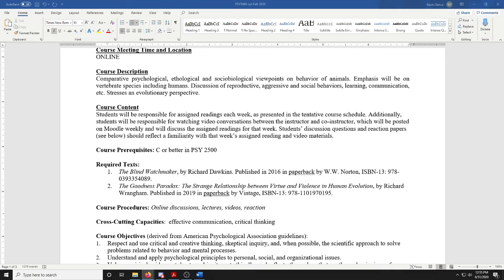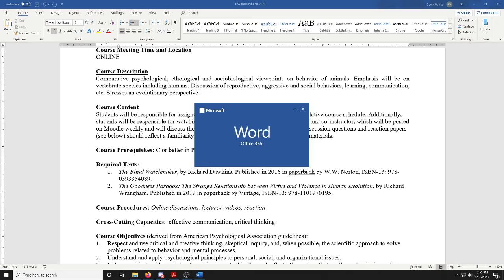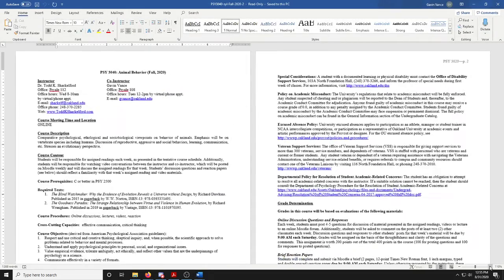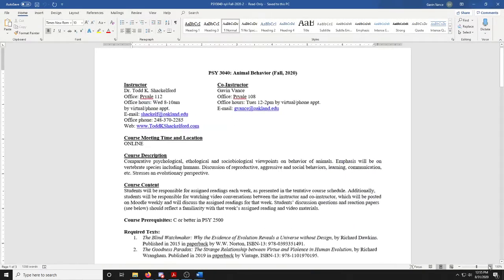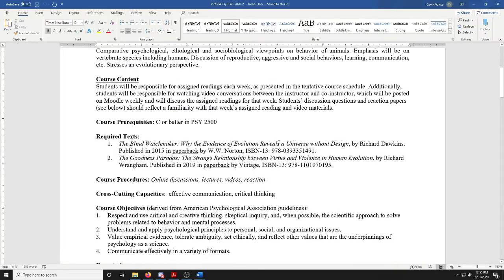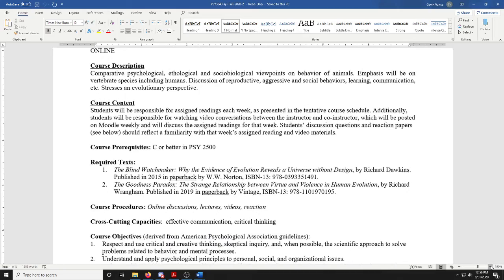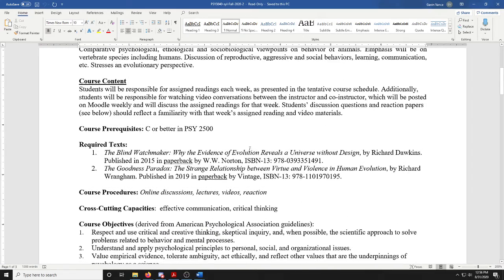We'd like to start the class with an overview on evolution, and we've used different Dawkins books in the past. What does it say? It says The Blind Watchmaker, so that's good. That's the one I'll use now. You must have an older one. Yeah, I had an older one saved in my computer. So just as long as students had the correct one, that way they weren't confused. Maybe when you send out the note today about this video, could you attach the current syllabus? Yes, I will. Do you need it, or do you have it? No, I can download it from Moodle. I have it now. Okay, excellent.